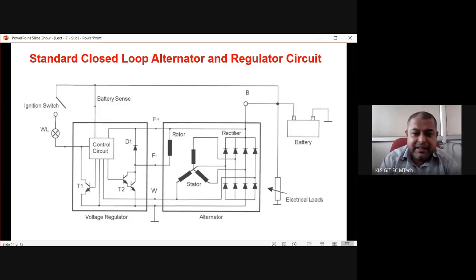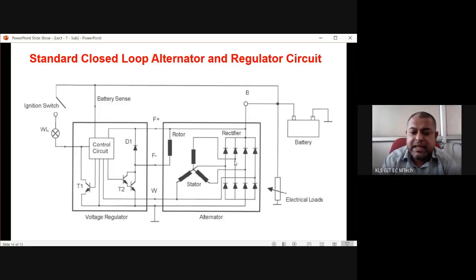So this is the stator of the alternator. Alternator stator is this, and this is the RYB supply. All these three are connected to this 6-diode full wave bridge rectifier, and they are producing the DC. This thing is coming from the neutral point, so these two are the third harmonic rectifier.